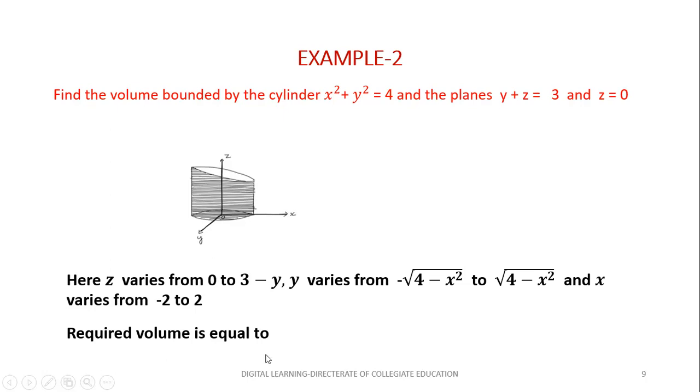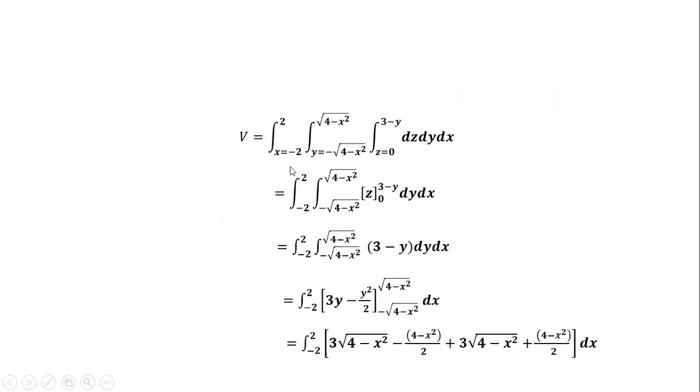Therefore, the required volume is given by V is equal to x varies from minus 2 to plus 2, y varies from minus square root of 4 minus x square to plus square root of 4 minus x square, and z varies from 0 to 3 minus y dz dy dx. Again, integration of dz is equal to z, so it varies from 0 to 3 minus y.